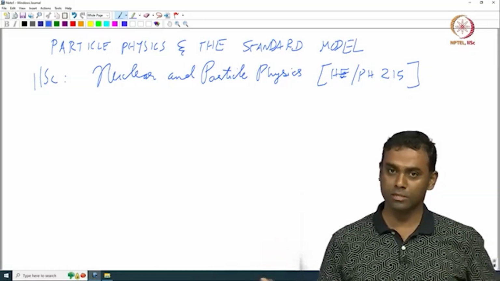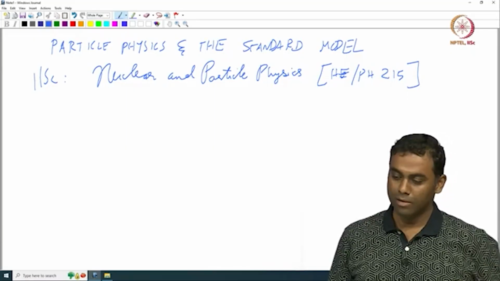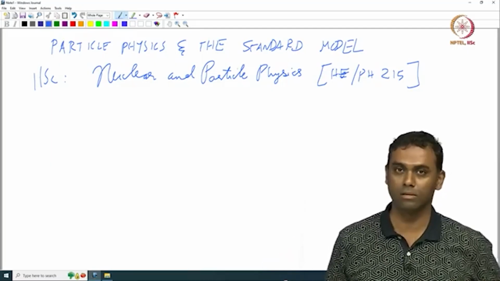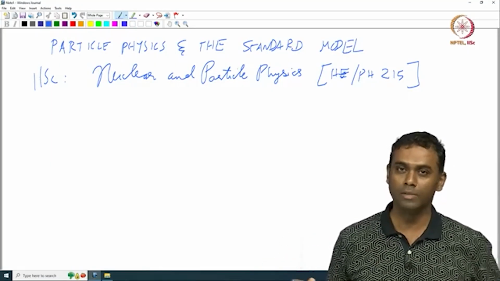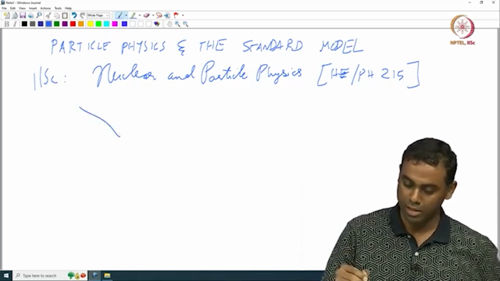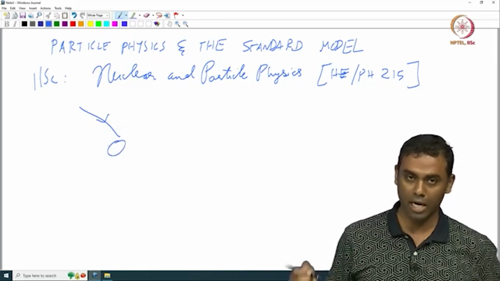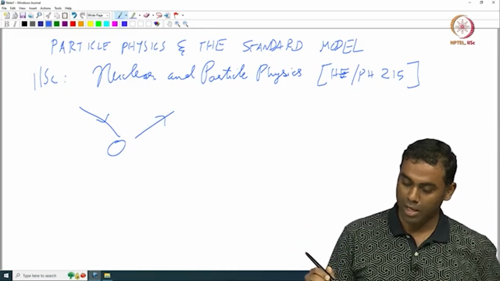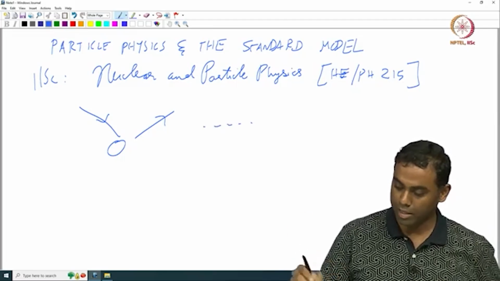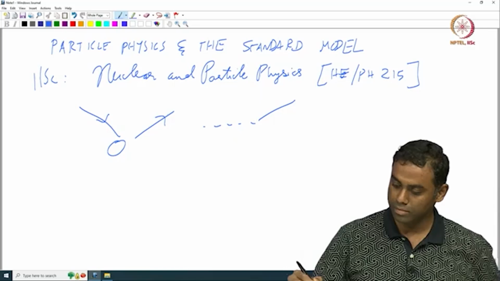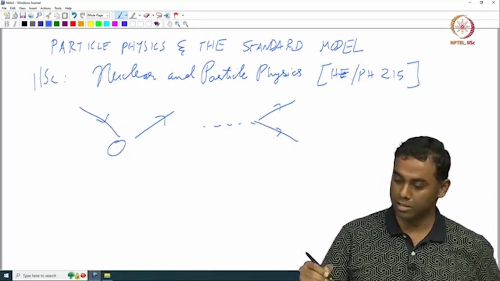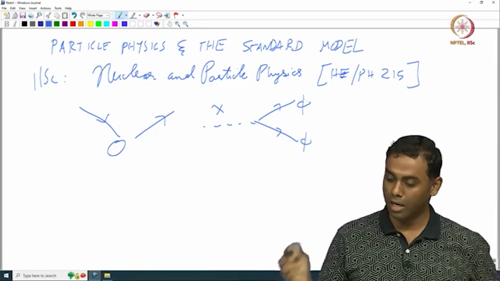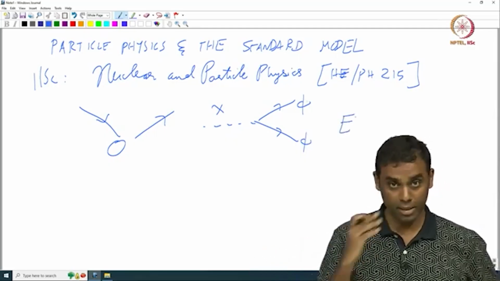So, just to dispel some misconceptions, when we say particle physics, if you did not know what the deal was about, you might probably have images like this, right. You might have some particle coming in, scattering on some particle at rest in some frame, scattering out, and then probably you have some particle traveling along, decaying to a couple of daughters, so you can call this chi and phi and so on, and you want to use kinematics.